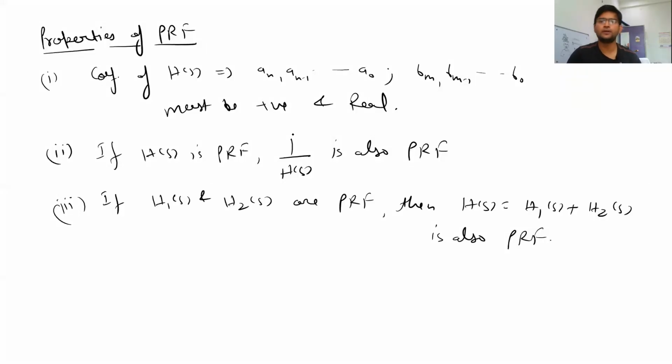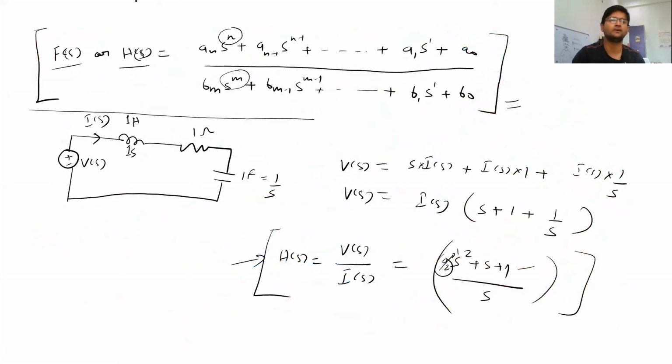Now coming to the properties of positive real function, we have seen the polynomial representation of this system function H(s) in the previous slide. F(s) or H(s) we have represented like this, with numerator and denominator polynomials, and these a(n-1) down to a0, and then b(m-1) and so on, then b0, are all the coefficients, where n and m are the degrees of numerator and denominator respectively.